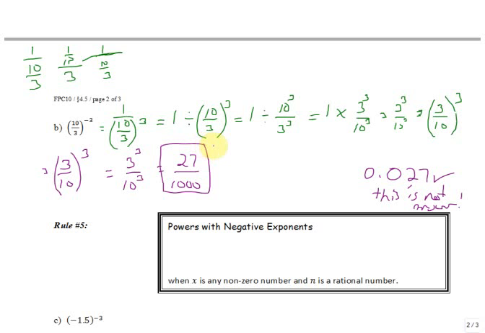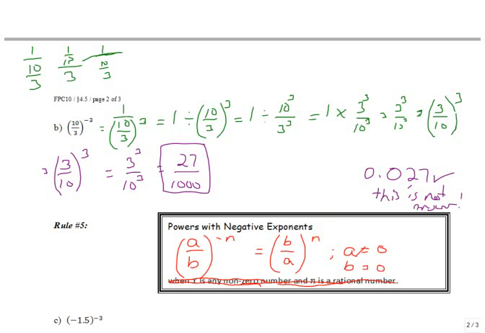Okay. All right. What's the rule we did here? Well, the rule looks like this: (A over B) to the power of -n equals (B over A) to the n, as long as A is not equal to 0 and B is not equal to 0, because it doesn't work if they're zeros.